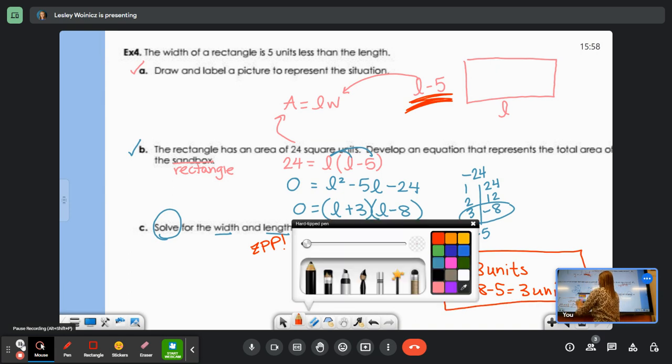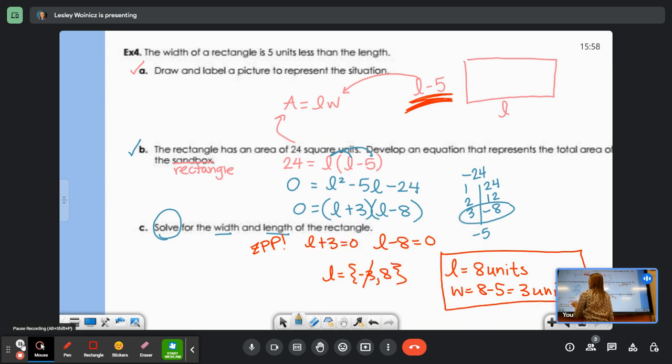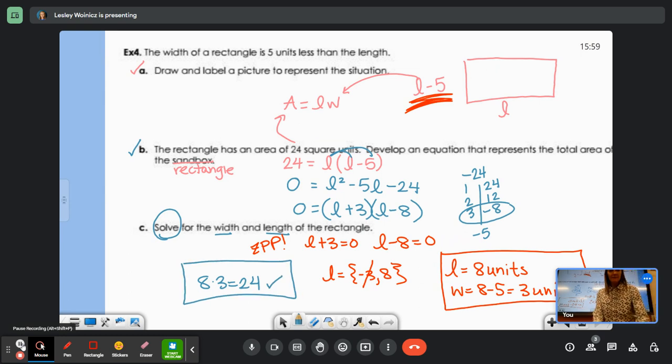Okay, here's your check. If I take 8 times 3, does that give me my 24 square units for my area? Yes, it does. So 8 times 3 equals 24. Check. That's our check. All right, that's it. Ta-da!